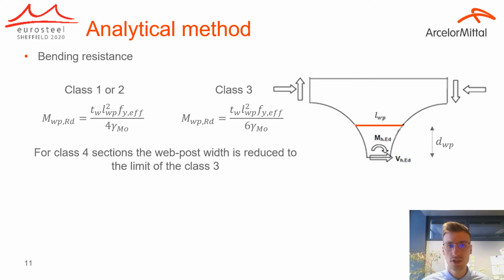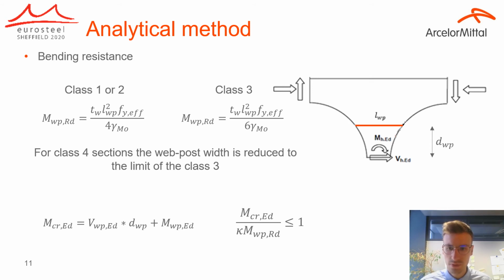For class 4 sections, the web post width is reduced to its limiting value to be in class 3 and calculated considering elastic design. The shear interaction is considered with the Fy effective, and the obtained resistance is compared to the bending moment soliciting the critical section.